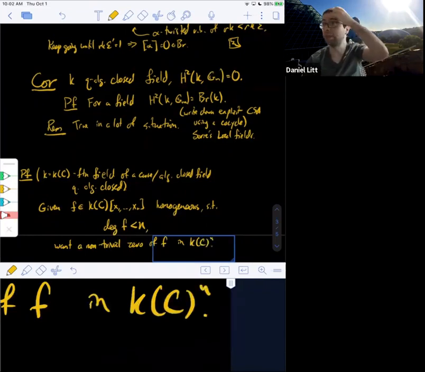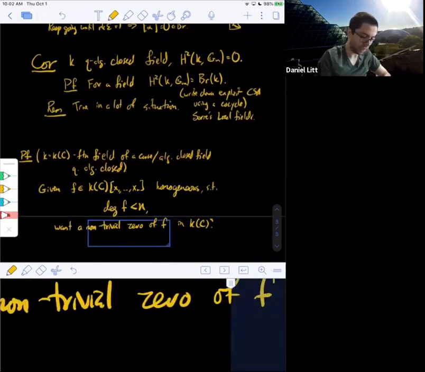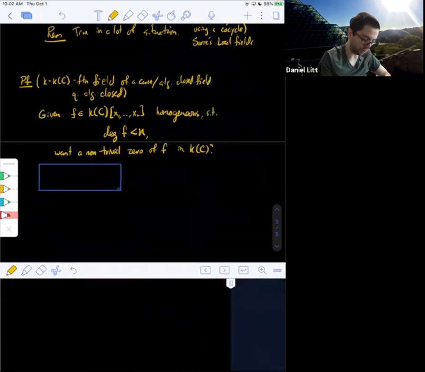Non-trivial just means that not all the entries are 0. And in fact, we're going to get this from the Riemann-Roch theorem.